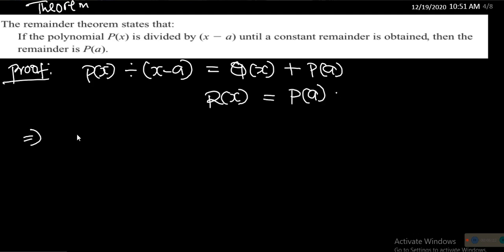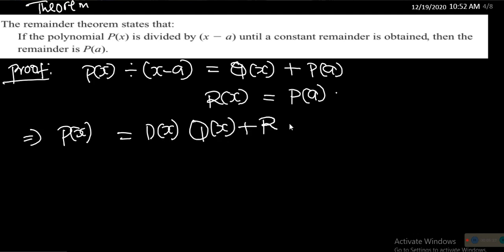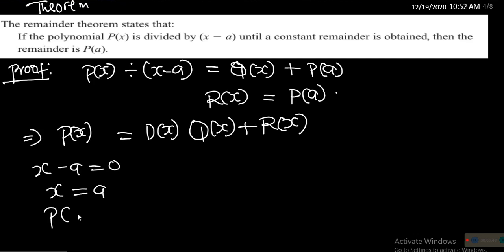So remember from the division algorithm that p of x equals d of x multiplied by q of x plus r of x. Now if you are dividing by x minus a, let x minus a equal 0, then x equals a. So find p of a.